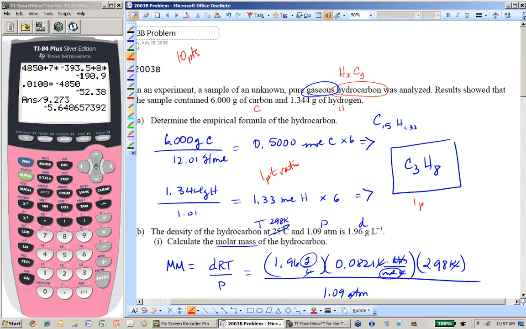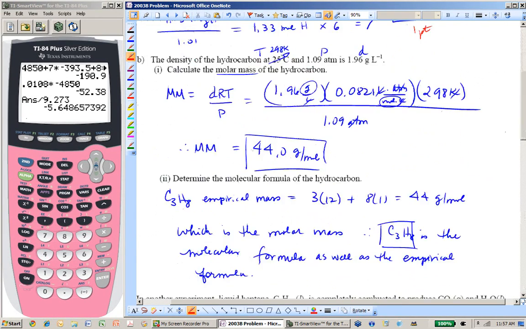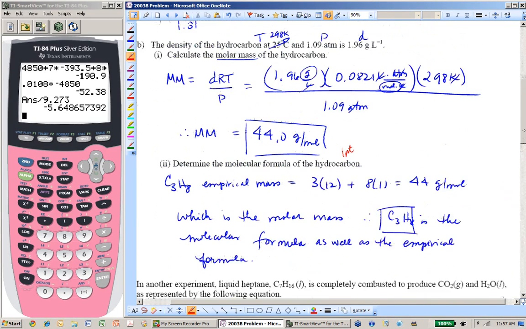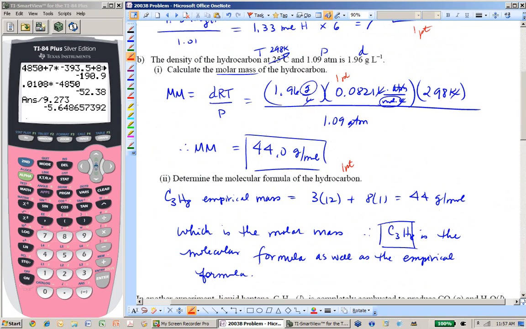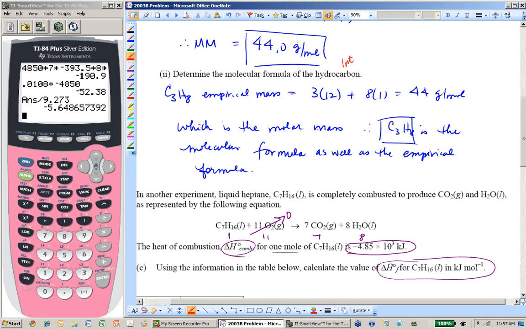So that whole part was worth 2 points. Then I get a point for getting that molar mass on this, and a point for the substitutions. In other words, showing your work. Even if you made a math mistake, you'll still get a point.